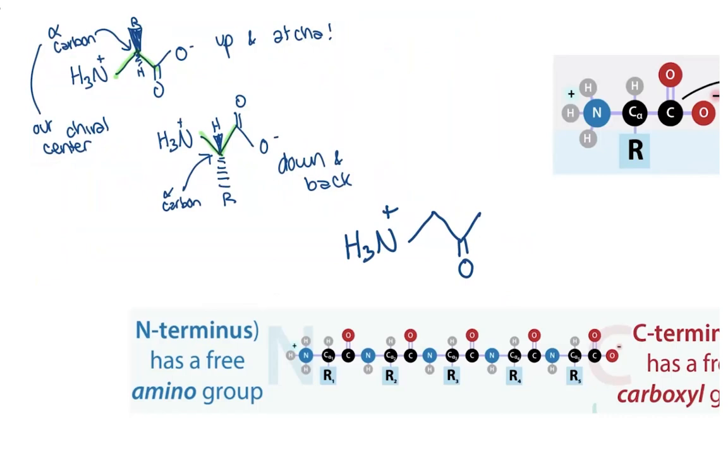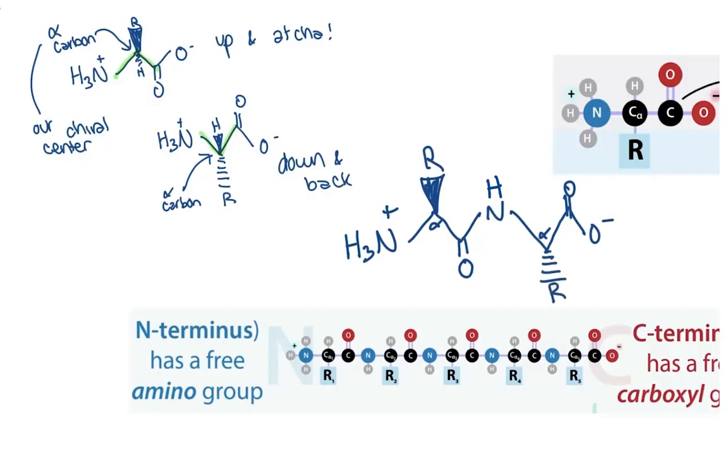And so what you're going to end up with is now you have in the backbone that nitrogen. Now you're going to have your alpha carbon sticking back. You're going to then have your carboxylate group at the end. And so here we have our alpha carbon and our alpha carbon. We're going to have our R group sticking up and out, and we're going to have our R group sticking down and back.